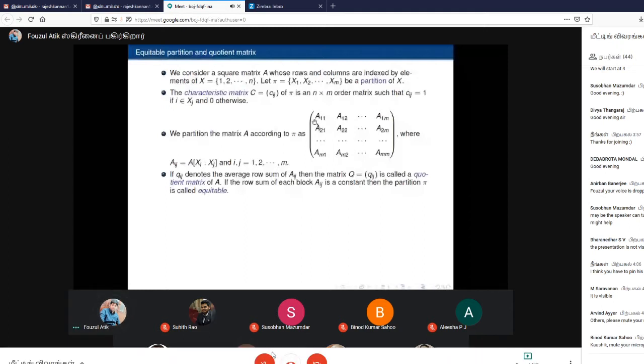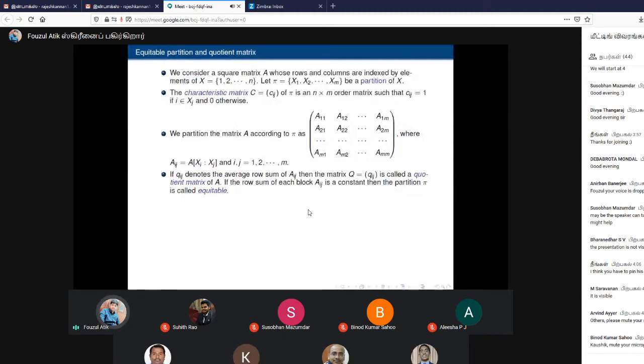Hello, this average row sum you need to define. Suppose a matrix has m rows, and each row has some sum.